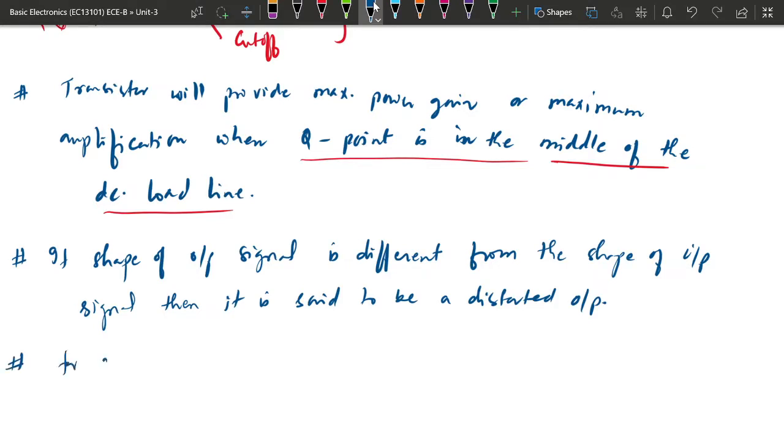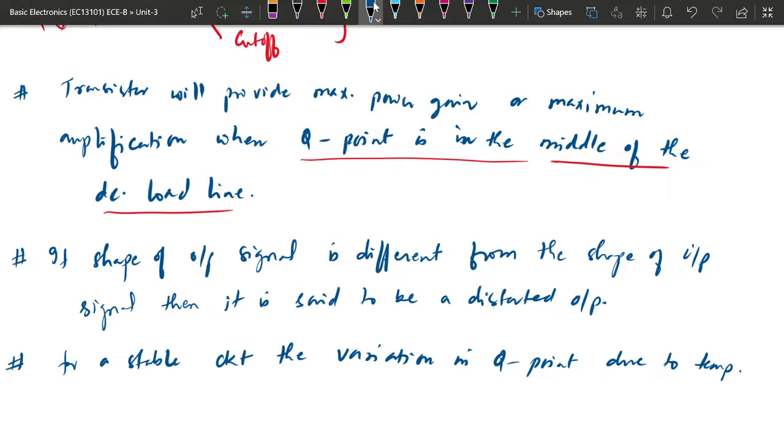That means for a stable circuit, the variation in Q point due to temperature must be small. To avoid this distorted output, we need to make sure the variation in Q point due to temperature variation is minimum.